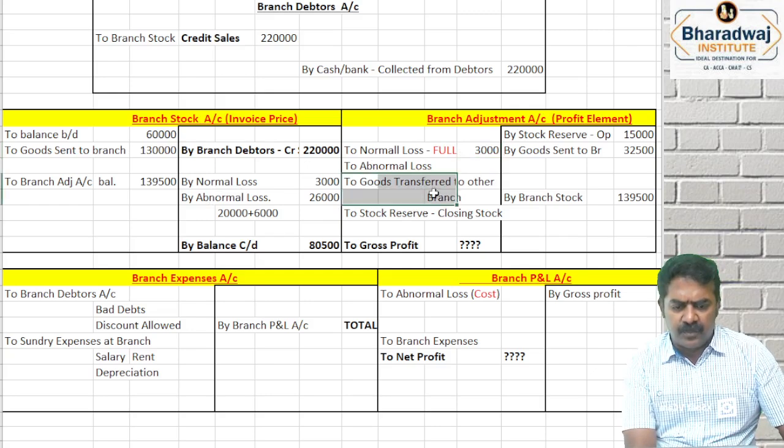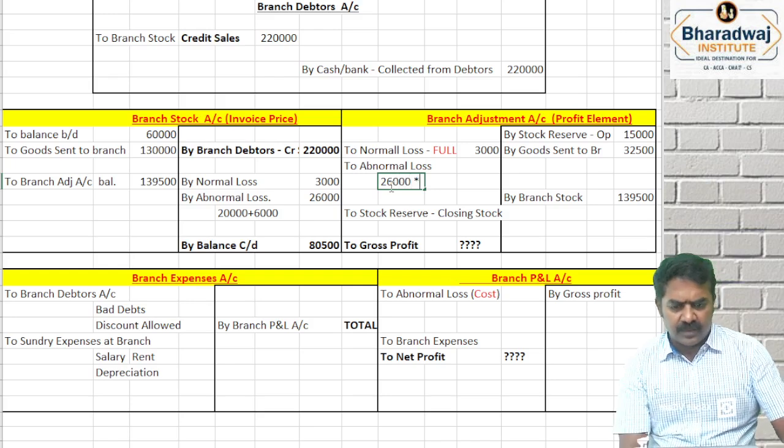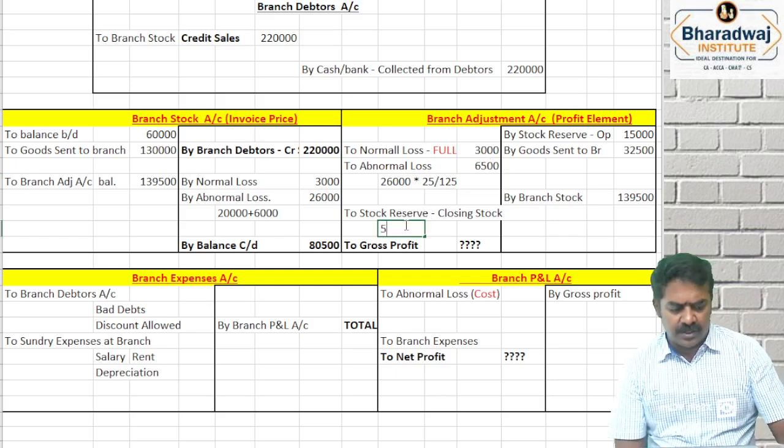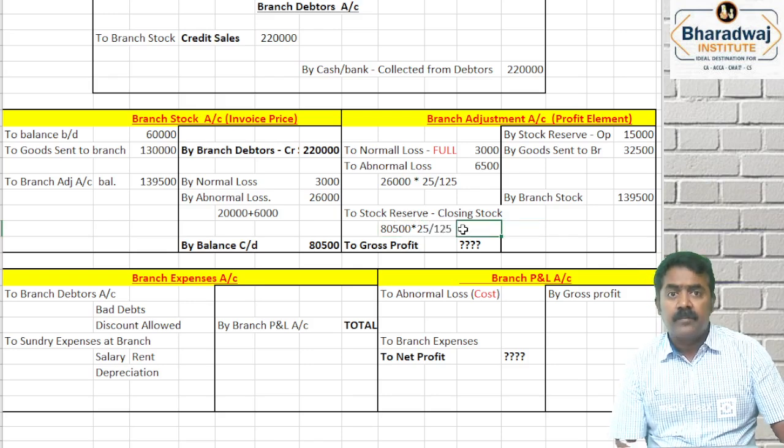Abnormal loss, profit element: 26,000 into 25 by 125, 6,500. Stock reserve on the closing stock: 80,500 into 25 by 125. How much? 20,120.